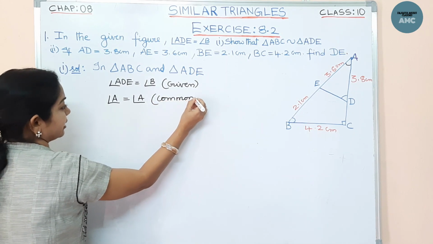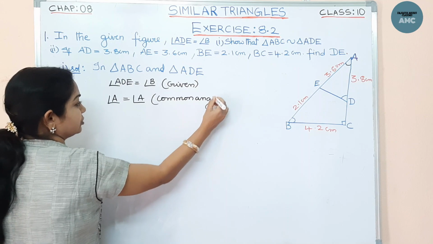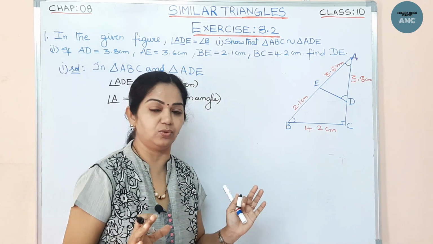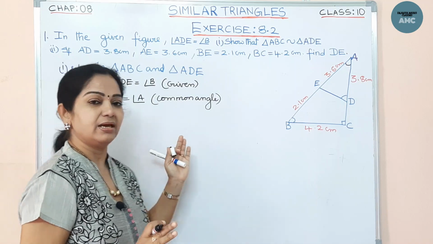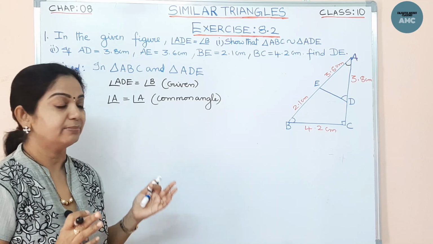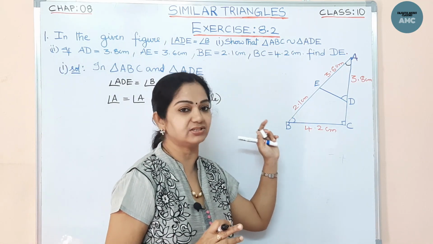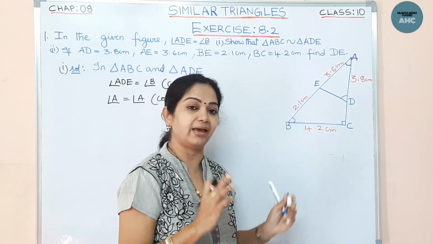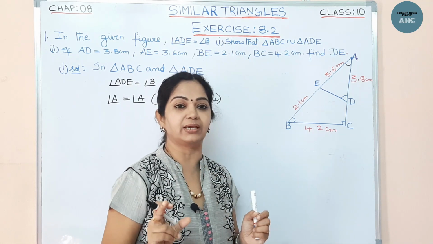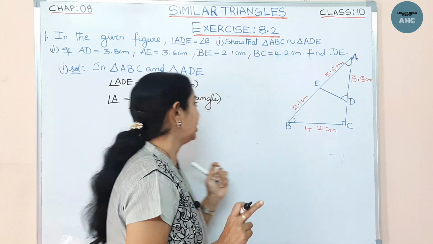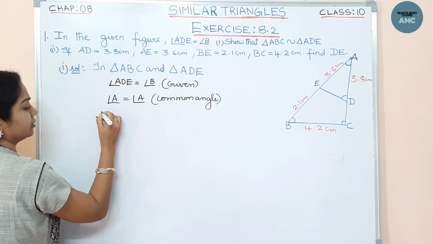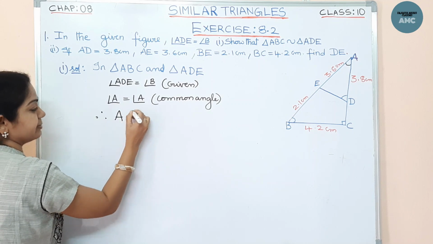So checking only two angles is enough, because the third one will naturally be equal. Why? Because the sum of the three angles in a triangle is 180. So for the angle criterion, if you check two corresponding angles equal, then it's okay. Therefore, by AA similarity.